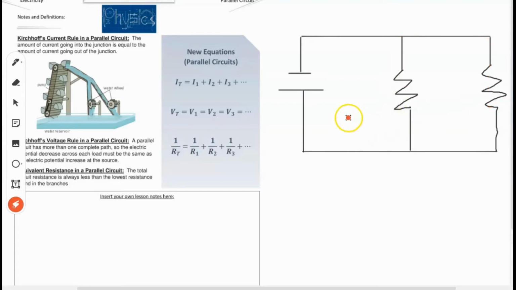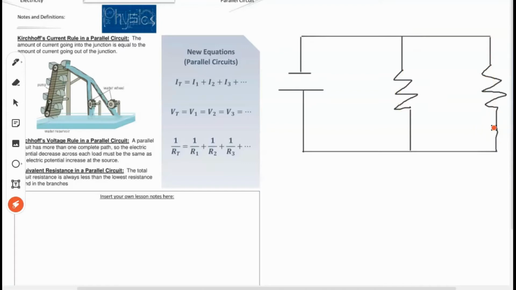This is the opposite of Kirchhoff's current rule for a series circuit. For a series circuit, it was the same throughout, but for a parallel circuit, our total current is going to be the sum of the current across each branch of our parallel circuit.